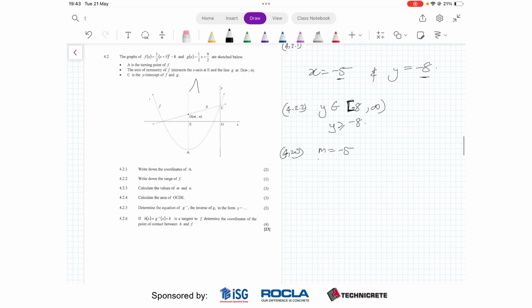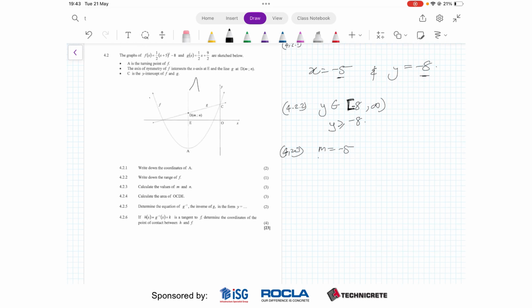Now, remember, the point D is also a point on the line g(x). We can therefore say n is equal to g at the point x equals minus 5. That is 1/2 (−5) + 9/2, and that is equal to 2. Therefore, we know D is (−5; 2). Easy enough.